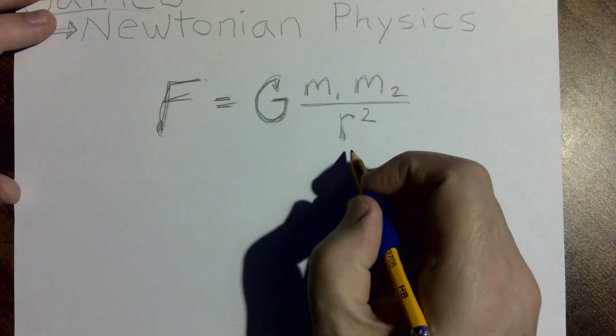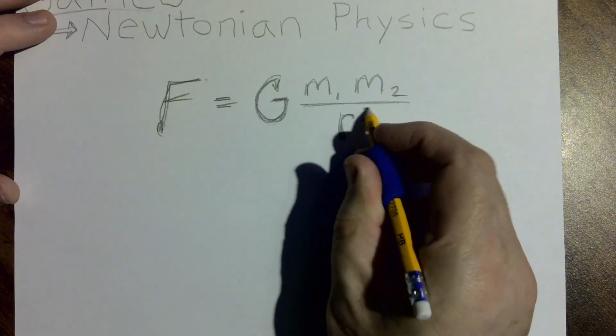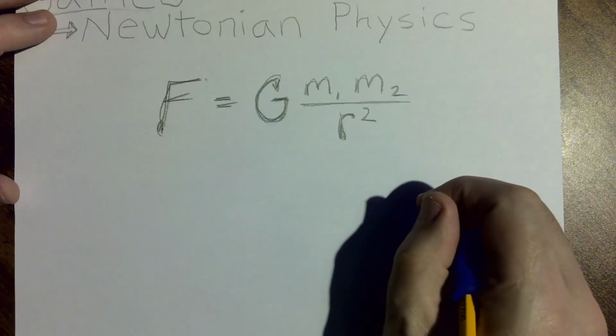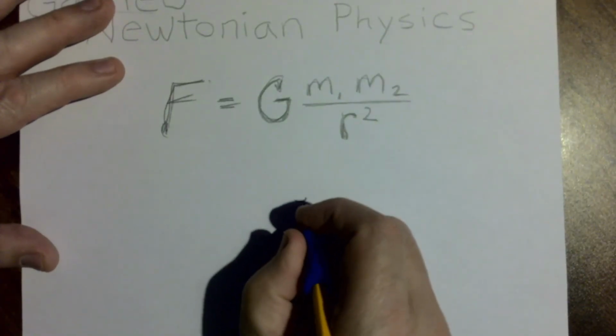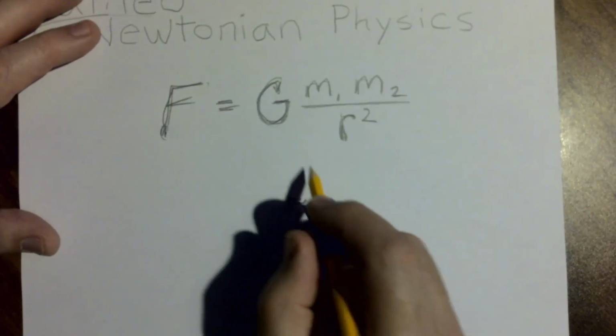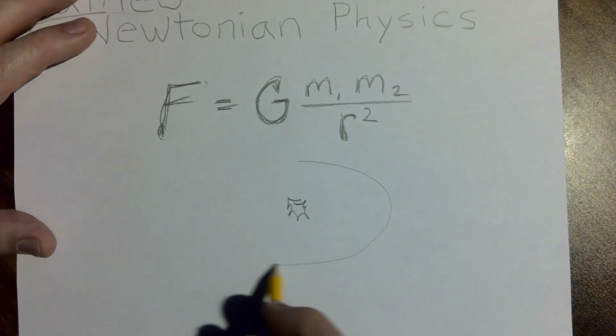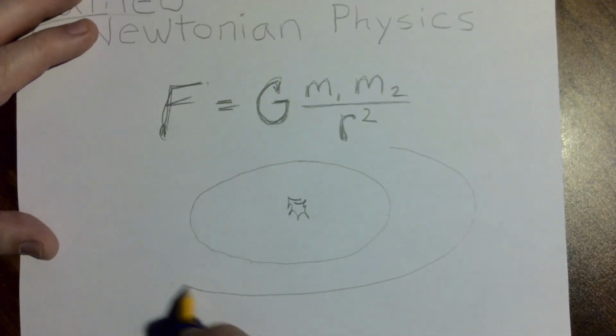The mass of the two objects over the distance between them squared. Isaac Newton invented calculus to explain the orbits of the planets.